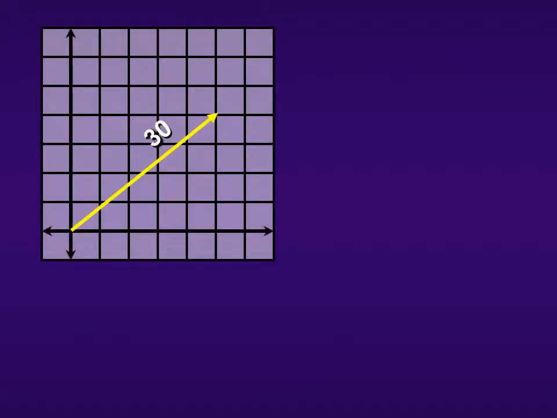So here's our first vector, the 30, and then here's the next one, which is 10. Remember, the 30 was at a bearing of 60. We want to figure out this distance here with that bearing, from the initial point to here.